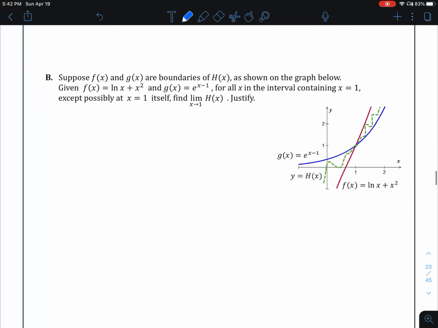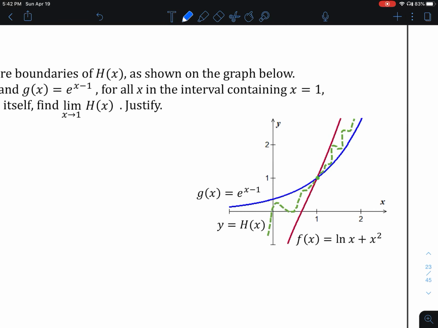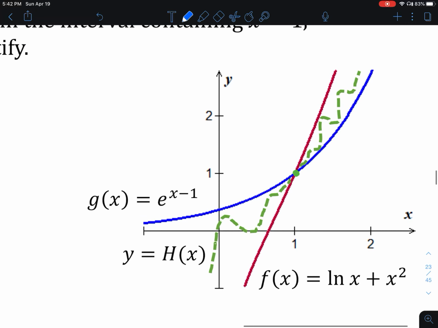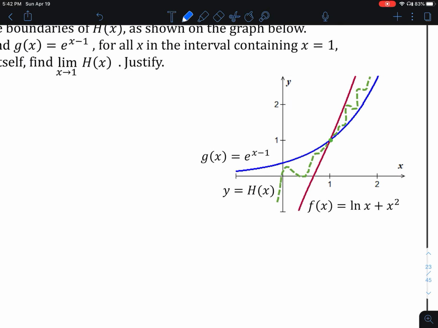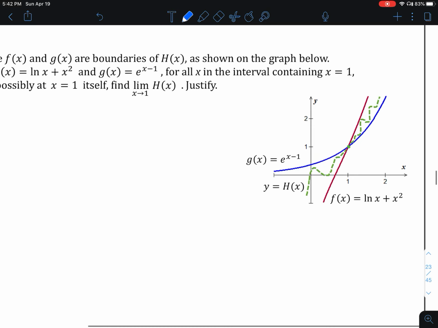Okay, so question B. Here's another graph we see. And we see that there's this function h of x, that's the green line, stuck between the e function and the ln function. Once we see that, we kind of already know that the limit's going to be whatever their limits are.